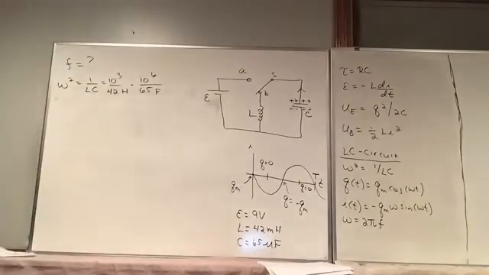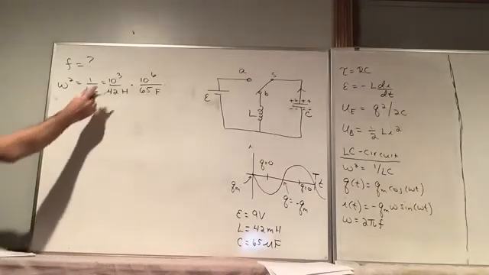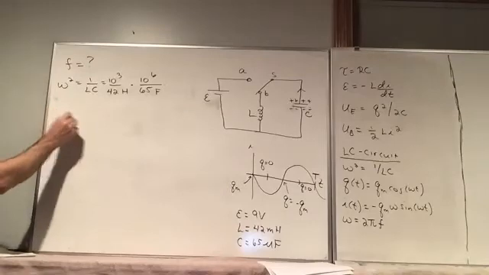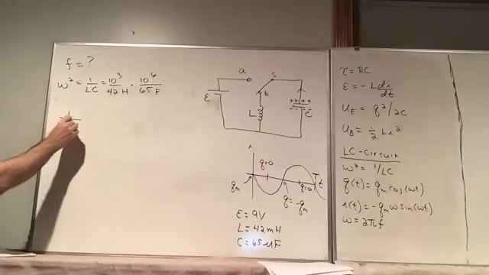And now we have to check the units here. A volt times a second is a Henry times an amp. Our units are going to be 1 over a Henry times a farad.